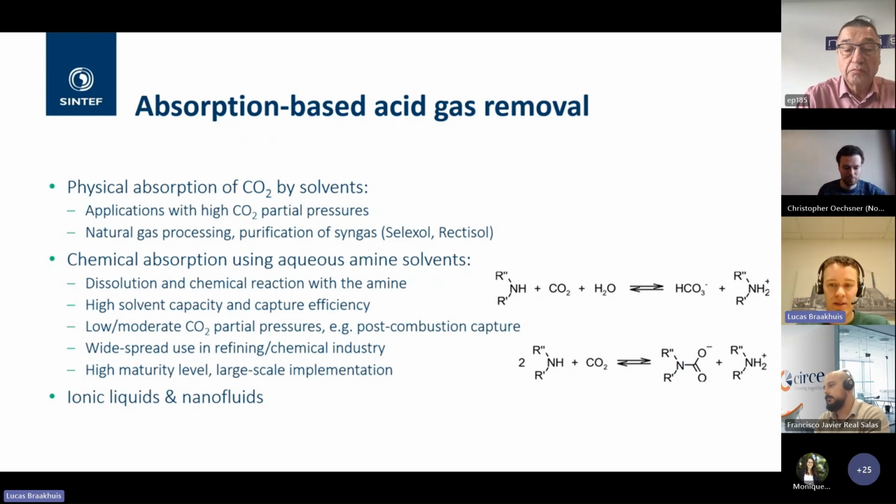And what really marks these processes is the high maturity level and the scale of implementation that we see. Now, there's also the ionic liquids and nanofluid, and Guillermo also touched upon those, so I won't go into detail on those here. But I will mainly focus on these aqueous amine solvents.